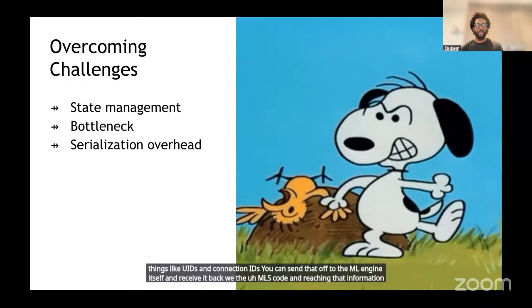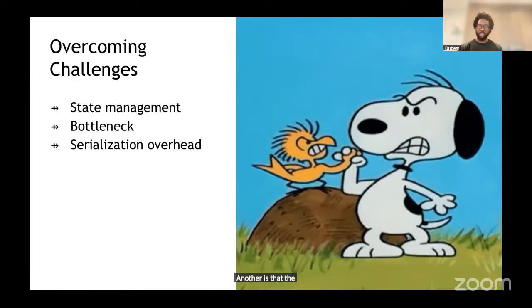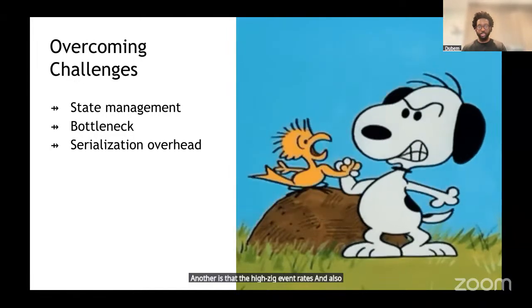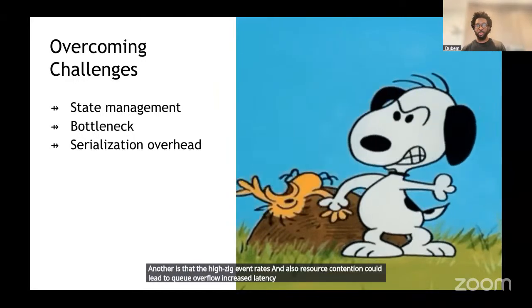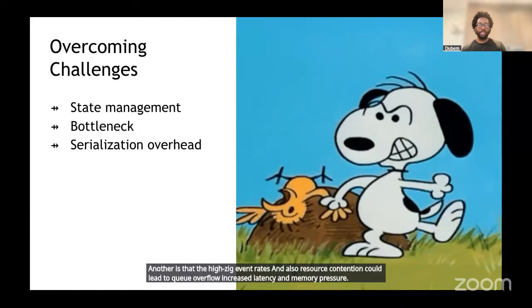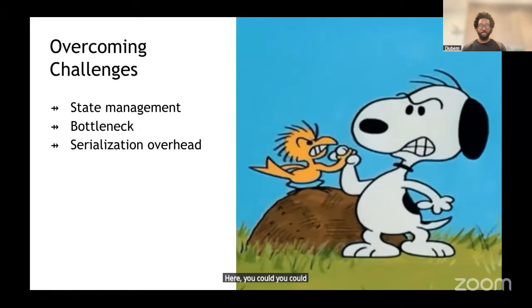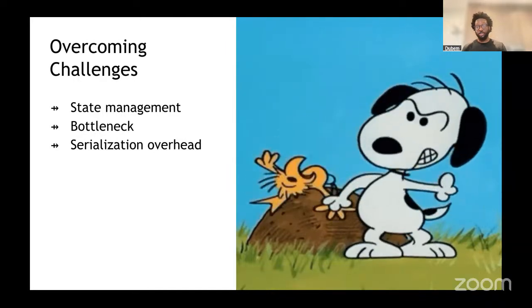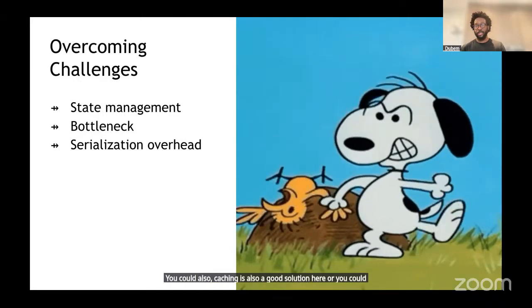Another is that high Zeek event rates and also resource contention could lead to queue overflow, increased latency, and memory pressure. Here, you could implement a robust event pre-filter within Zeek. Caching is also a good solution here, or you could rate limit by applying back pressure.